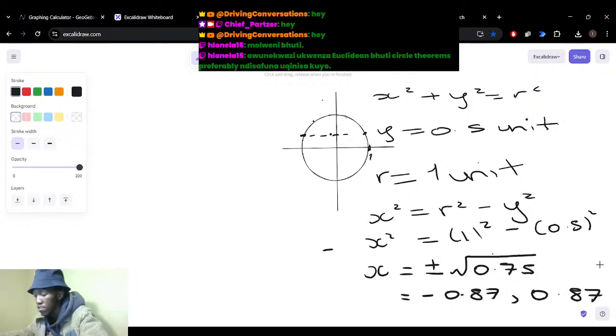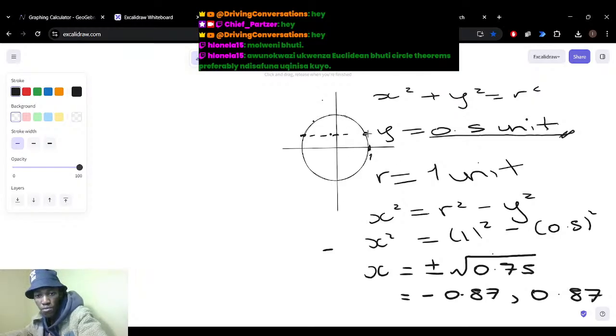Now remember, our initial problem was to find the value of x given y is equal to 0.5 unit. So we have solved our equation, and it gave us two solutions.